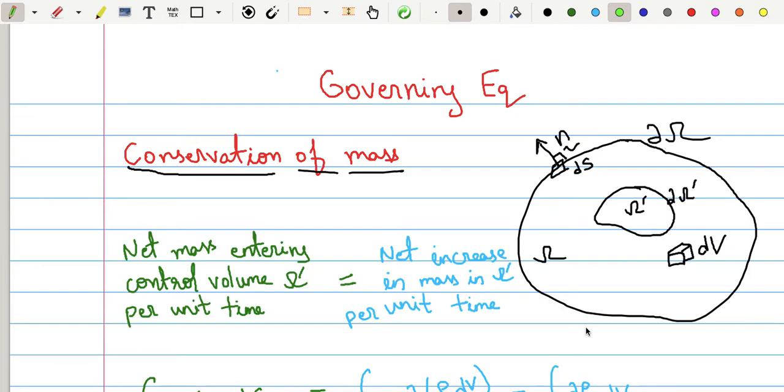Okay, and we can do that only if we use a material volume approach. In control volume approach, we are not tracking the material. We are simply looking at results as a function of position, as a function of points in space.